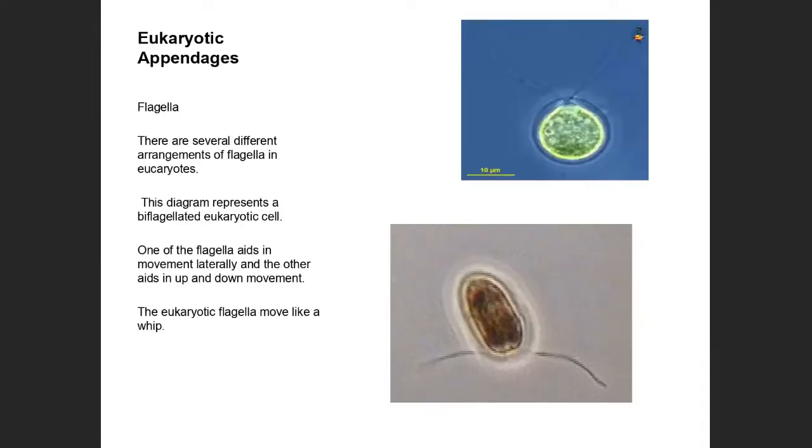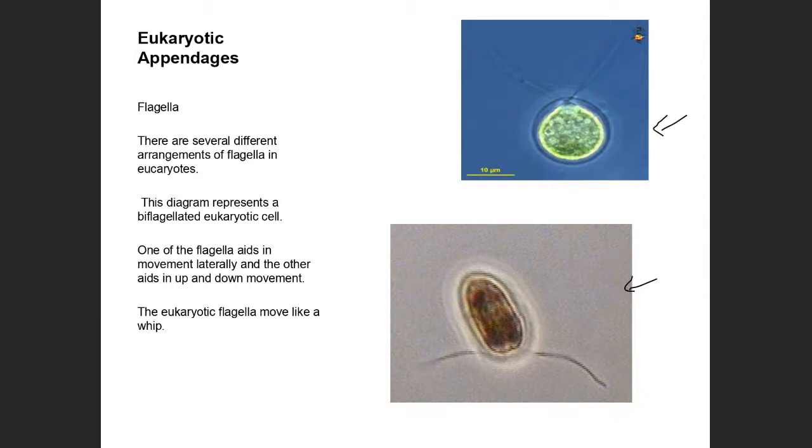Now we get to appendages, right? And so appendages, we're going to have two. We're going to have flagella, and we're going to have cilia, right? So the flagella are also structures of locomotion, but there are so many arrangements. I'm not going to talk about any of the arrangements. One of the more common arrangements is shown in both of these cells, right? This is an algae, that's a protozoan, and this is a protozoan, right?